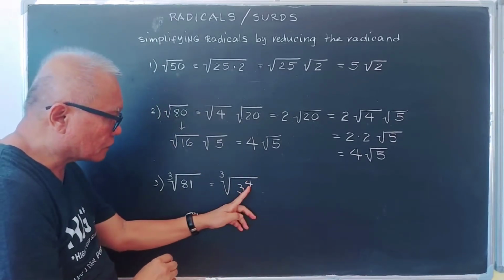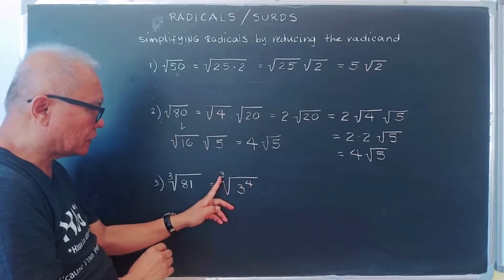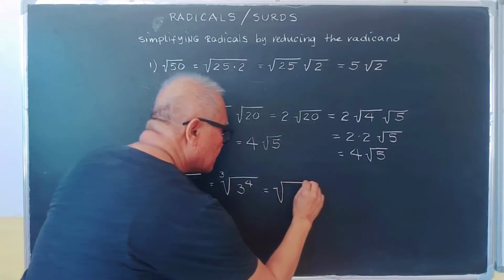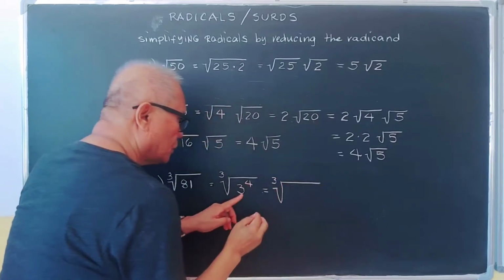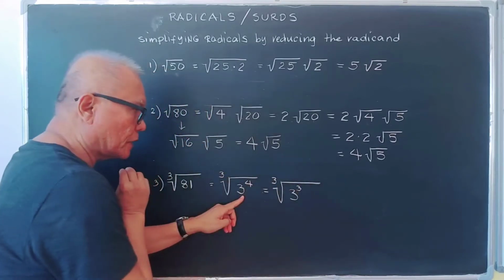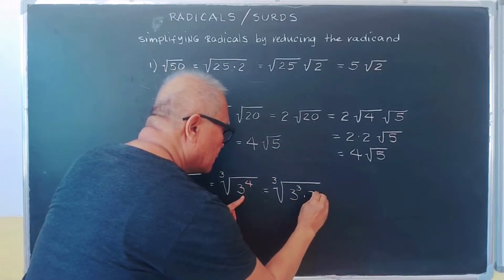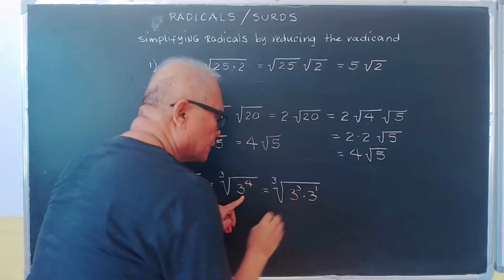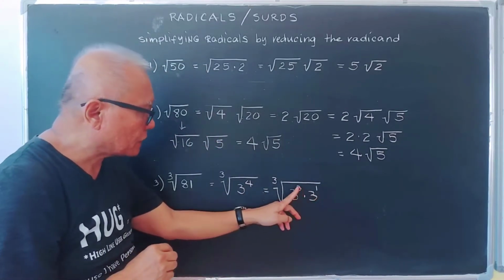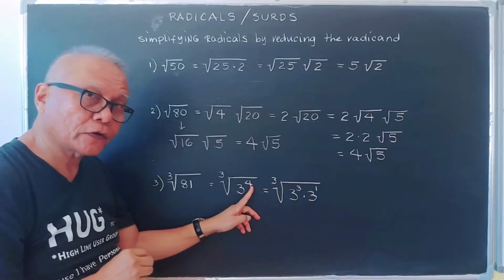Now, because this exponent is 4, it is more than 3. So we can write this one as the cube root of 3 to the third, times 3 to the first, right? Same base, we add the exponents: 3 plus 1 is 4.